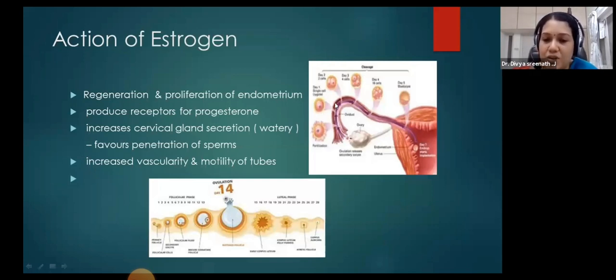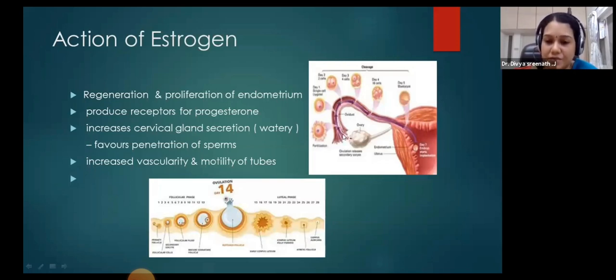So estrogen supports the motility of the fallopian tube. What happens if there is reduced motility, where there is not any proper motility? There is more chance of developing an ectopic pregnancy or tubal pregnancy.